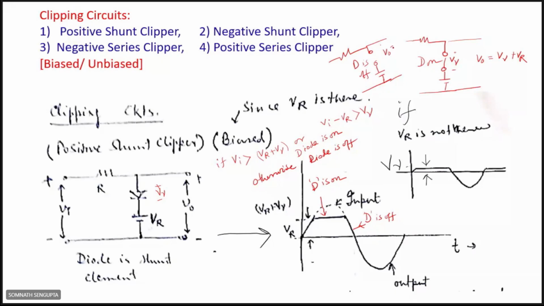So V naught is equal to Vi at that time. V naught is equal to Vi, meaning the whole input voltage. The dotted line is the input. Both input and output are drawn here. So this bold line is actually the output, which follows the input. So that means V naught is equal to Vi. Okay.